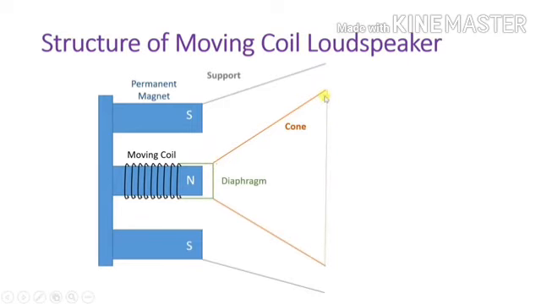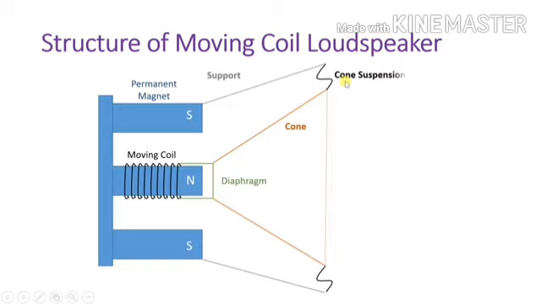This cone is made up of paper, and this diaphragm is made up of aluminium foil, and that aluminium foil diaphragm is connected with this paper cone. So this paper cone as well as this diaphragm both will vibrate together as both are connected to each other.